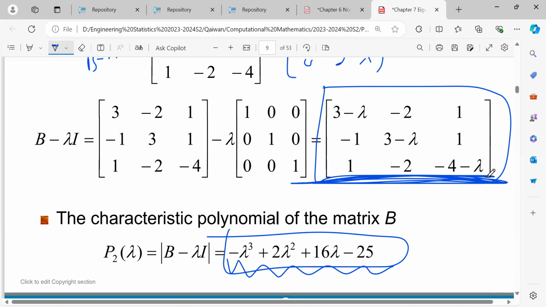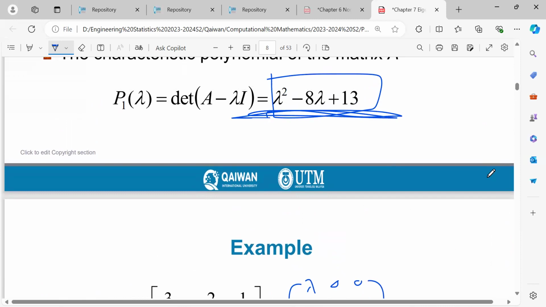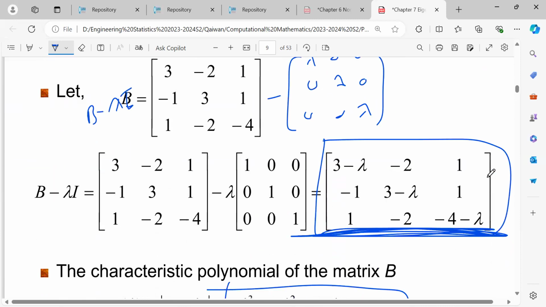In the above one, for a polynomial of degree 2, how many solutions do we have? 2. For 3, we have 3. So it depends on the size of the given matrix. The given matrix here is a 3 by 3 matrix. So we must have 3 eigenvalues. In the above one, the size of the matrix is 2 by 2. So that's why we have 2 eigenvalues.